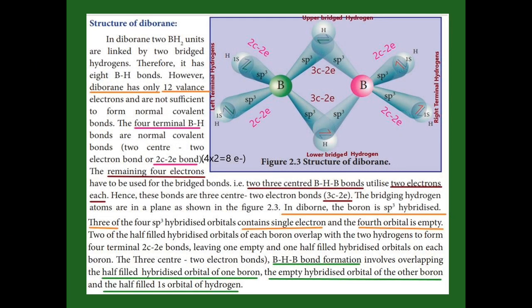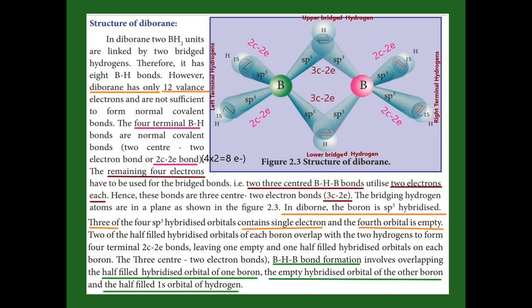Now the structure of diborane. See the structure first. That boron, green color boron, is linked by lobes with 4 hydrogen. The 2 hydrogen on the left hand side are called terminal hydrogen, and the 2 hydrogen in the center are linked with another boron, rose color, so they are called bridged hydrogen. The green color boron is bridged with the rose color boron with the help of the center hydrogen.